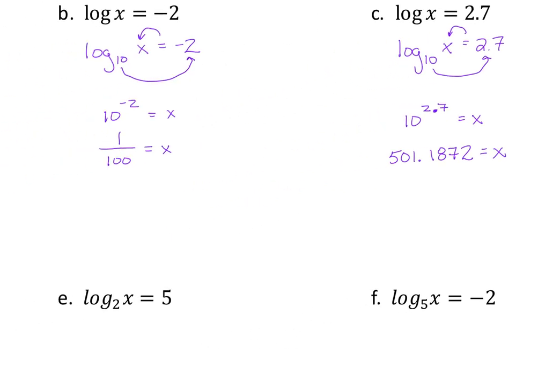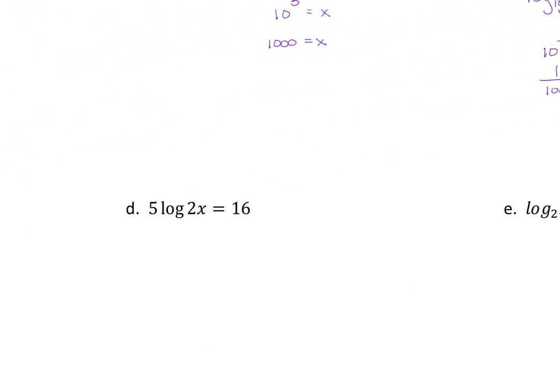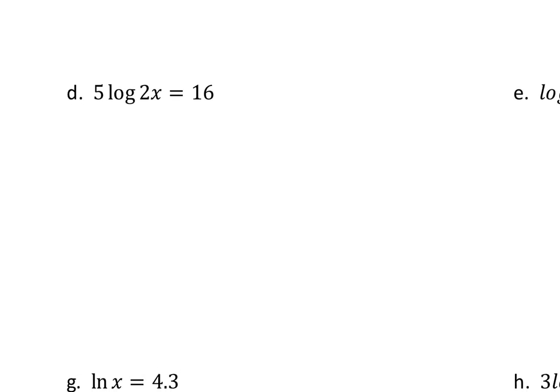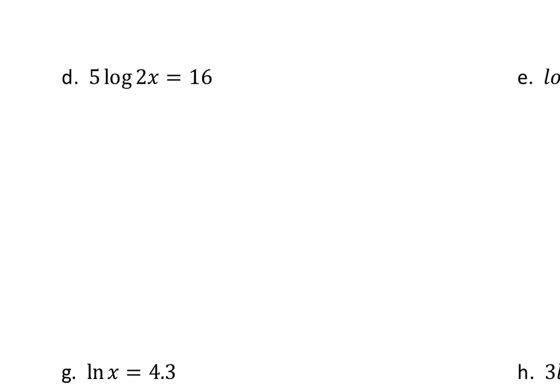All right, those are some examples with common logarithms. Oh, we got one more. So let's go ahead and look at our last one. This one, we do have stuff on the outside. And so the first thing that I want to do is isolate my logarithm. I'm going to divide by 5.